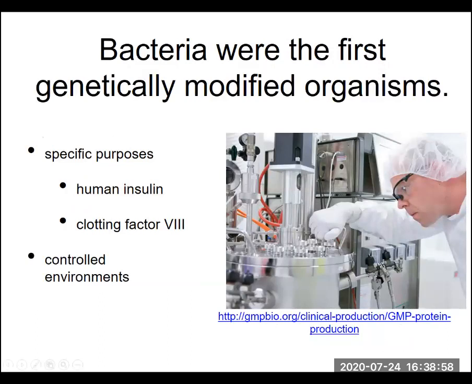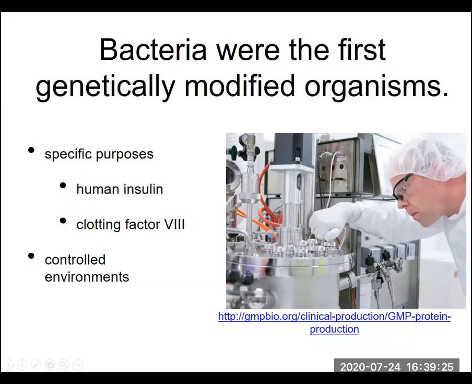Now, as we said in the last lecture, bacteria were the first genetically modified organism. They were very simple, single-celled organisms, but they were capable of being genetically modified, of getting these transgenes moved into them. And we talked about a couple of different examples. We talked about putting in the gene for human insulin and getting bacteria to produce the human form of insulin. And then another example, clotting factor 8.